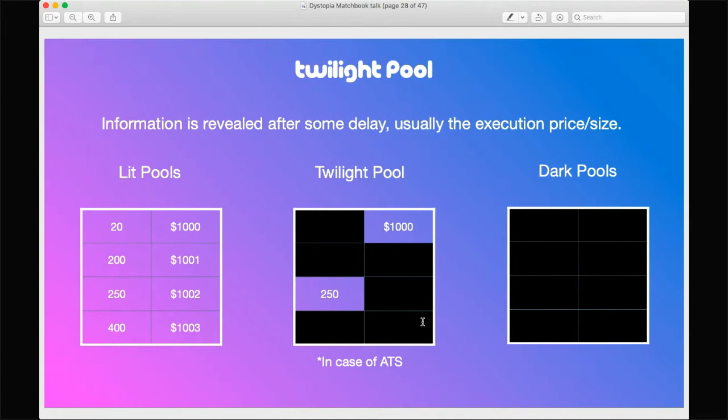Maybe after 7 days or so, you would reveal that 250 shares were traded at this price. Maybe you just reveal the price and you don't reveal individual trades. Maybe you just reveal the total volume of the exchange. And there are no strict regulations there. It kind of depends on a case-by-case basis, so also take that with a grain of salt. It's a very complicated system.